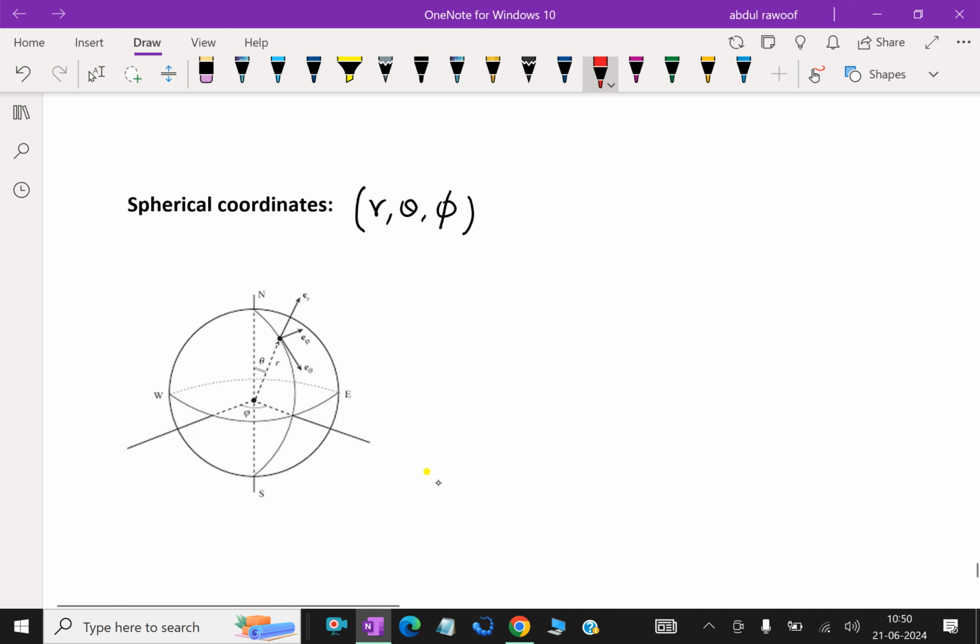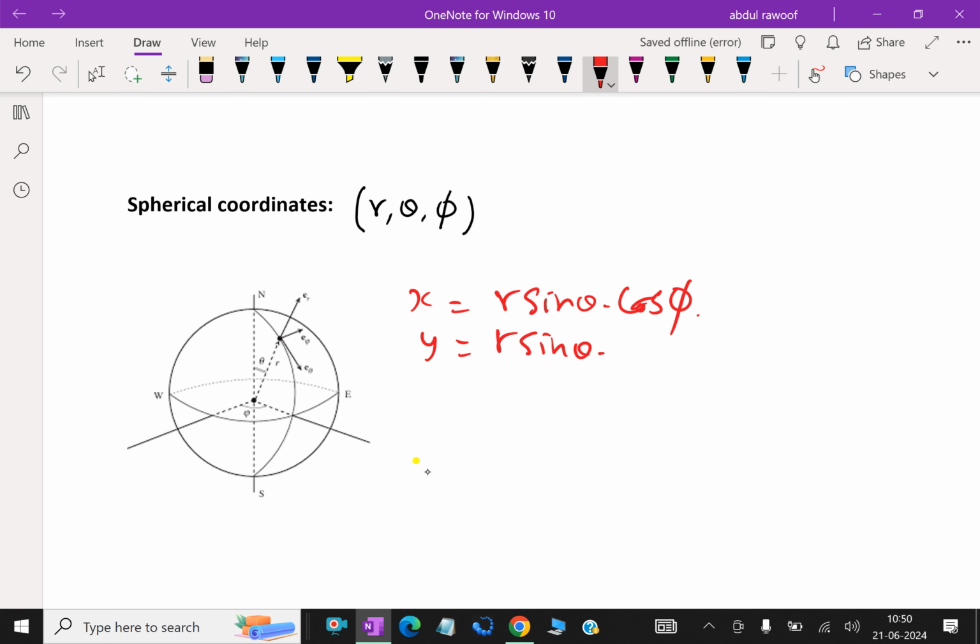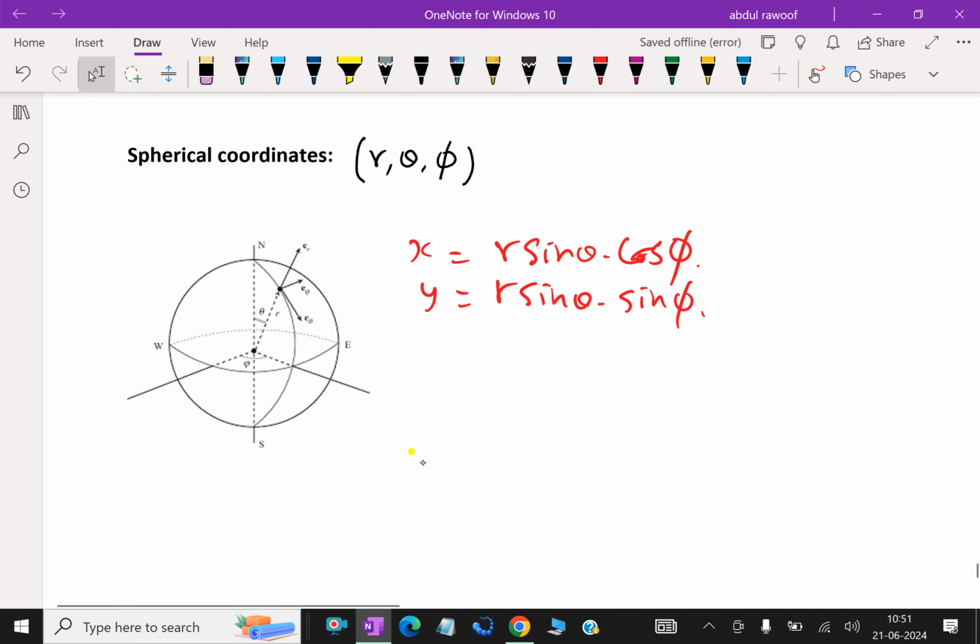Here x equals r sin theta cos phi, y equals r sin theta sin phi, z equals r cos theta.